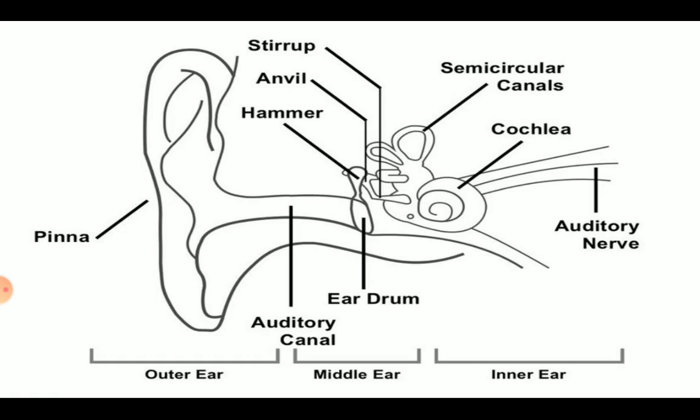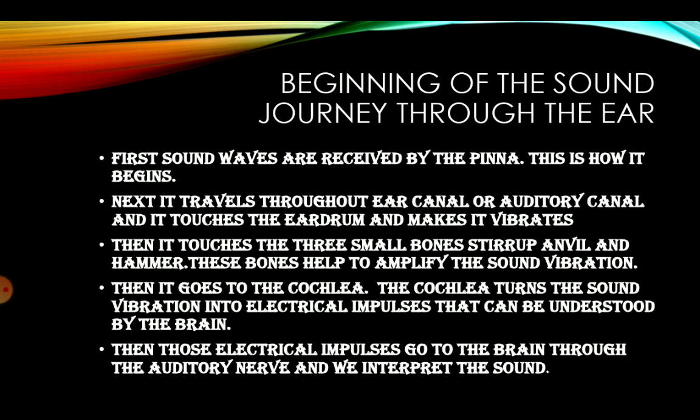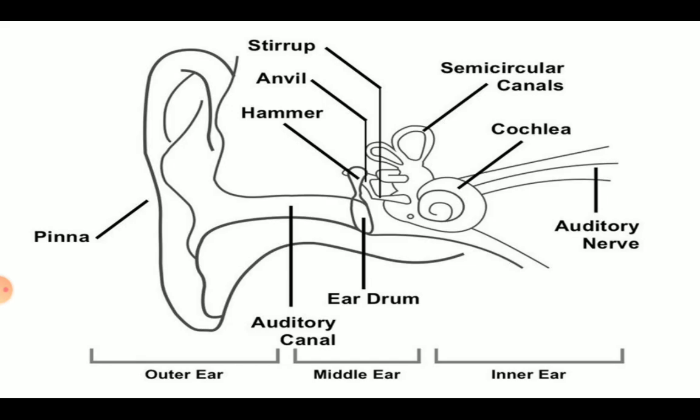You can see the cochlea in the inner ear, where the sound vibrations are converted into electrical impulses, and then those electrical impulses go to the brain through the auditory nerve, and we interpret the sound, hear it and understand it. You can see at the very end of the inner ear, the auditory nerve, and that's where the sound goes to the brain.